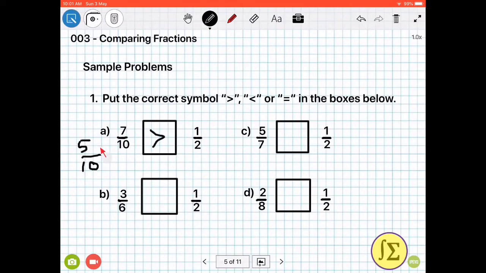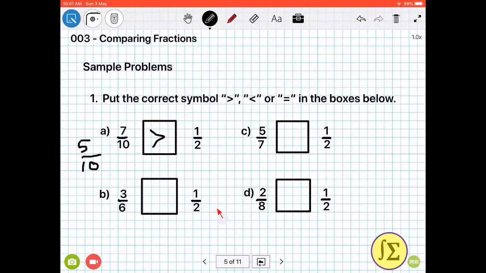Okay, let's look at this one, 3 over 6, comparing against half, right? So 3 over 6 we know is already an equivalent fraction for half, right? Why is that?